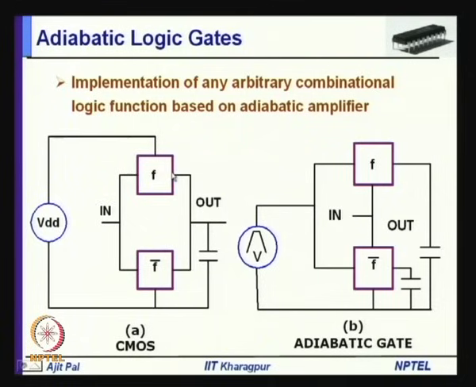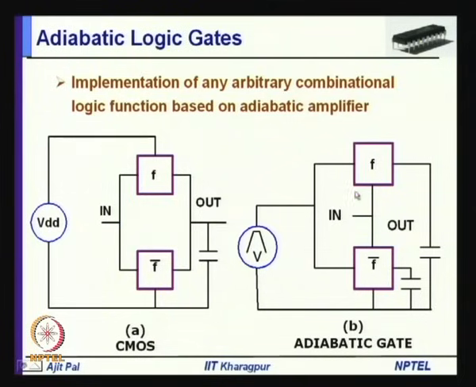You may recall that we realize F bar with the NMOS network, and here is the PMOS network, whose path is open when F is 1. In this traditional CMOS circuit, you apply a constant voltage VDD, and there is a load capacitance CL. This is being modified to realize adiabatic circuits.